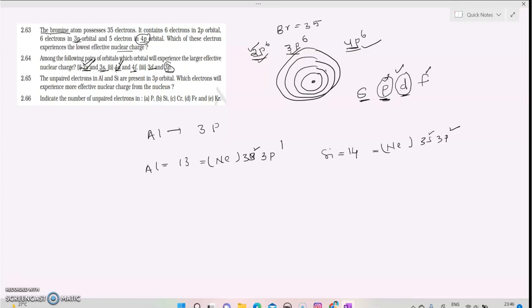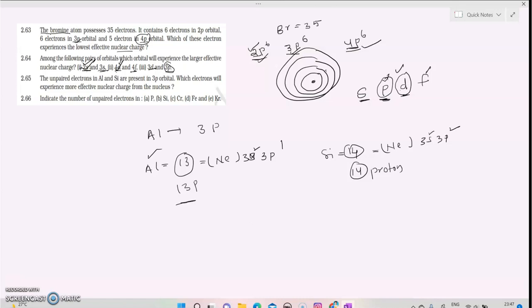The unpaired electron in silicon will experience more effective nuclear charge here. Why? Because the atomic number of silicon is more than aluminum. Aluminum has only 13 protons, but silicon has 14 protons. Comparing with aluminum, silicon has more protons.